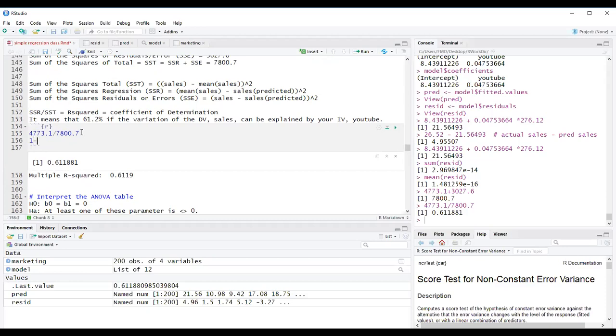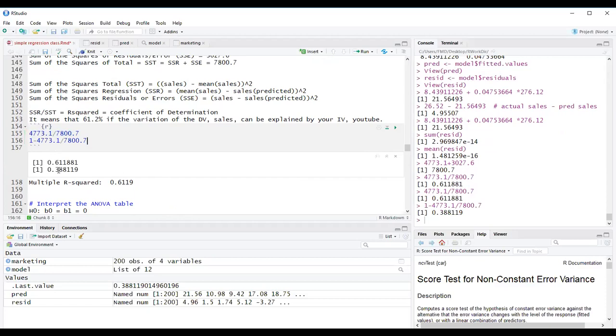So 1 minus that, 38.89%. Ibig sabihin nun, yung hindi kayang i-explain ng model, 38.8%. Ang kaya niya i-explain, 61.19%. Ulit, ang hindi kayang i-explain ni YouTube about sales is 38.81%. Ang kaya niya i-explain, 61.19%. Kasi dapat 100% yan. Okay?